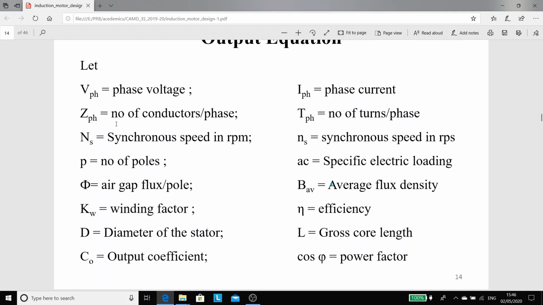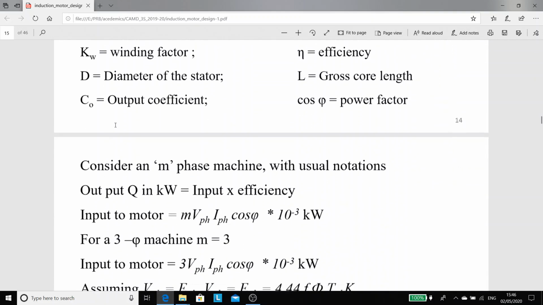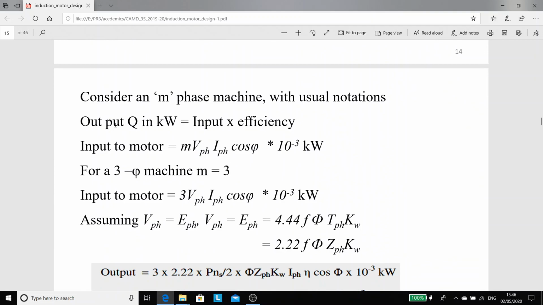VPH, phase voltage; ZPH, number of conductors per phase; NS, synchronous speed; small ns, synchronous speed in RPS; TPH, number of turns per phase; IPH, phase current. All these factors are known to us, nothing is new for anyone. So now we see the derivation for the output equation of an induction motor.